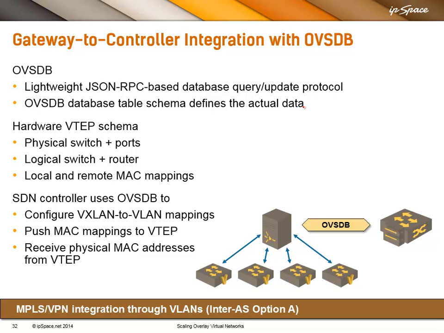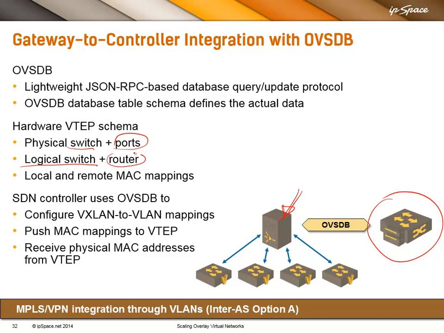In the hardware VTEP schema, which is what the gateway needs to support to be able to talk with the controller that would then configure the gateway, that schema contains the description of the physical switch, the description of the ports on the switch, and the description of a logical switch, and a logical switch is a subnet. So you have one logical switch per subnet.